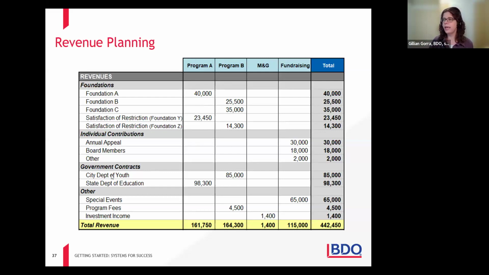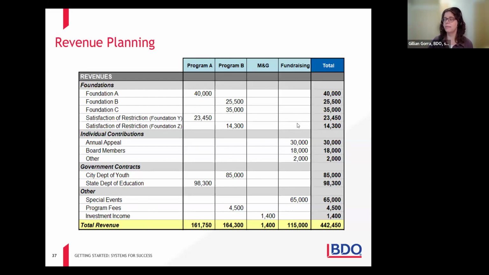You also want to put any earned revenue that you might be getting in that programmatic column. Any unrestricted revenue, general operating dollars, anything that anybody's giving you that says, you can do whatever you want with this, I would recommend that you put it in one of these two columns. It doesn't matter which, just be specific.